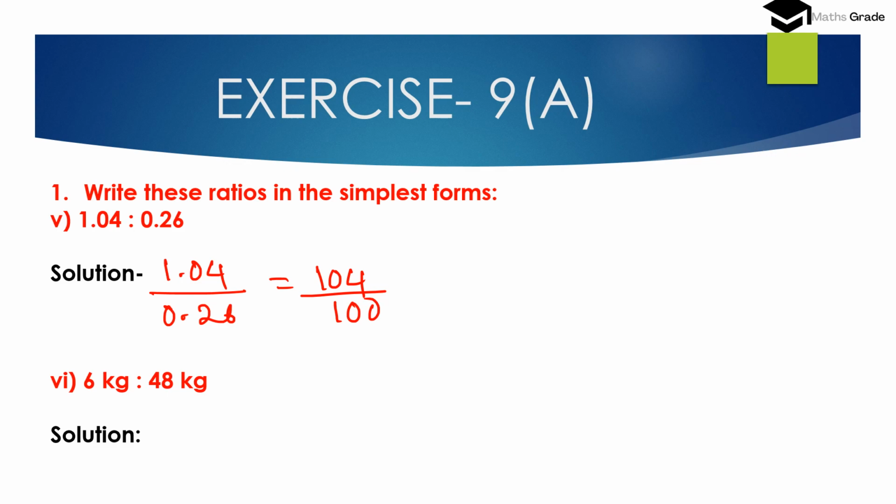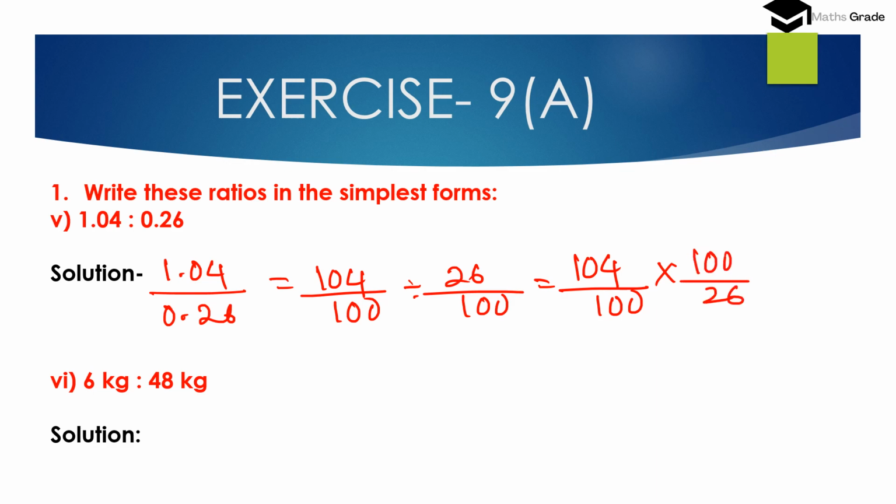And 0.26 is 26 divided by 100, again 2 digits after the decimal point, so we divide 26 by 100. Now 104 divided by 100 multiplied by the reciprocal of 26 divided by 100, which is 100 divided by 26.